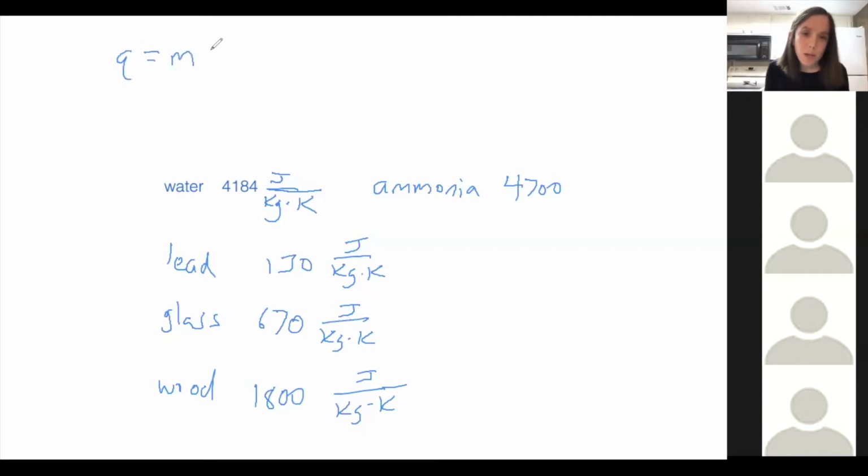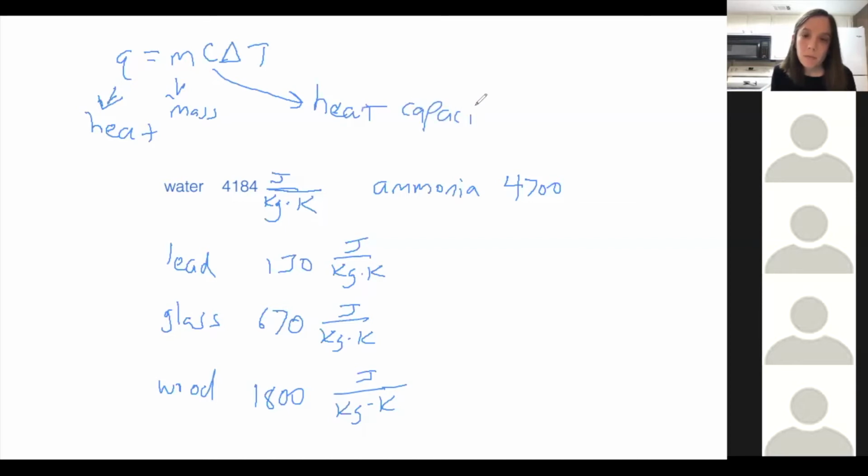Q equals mcΔT, where Q is the heat, m is the mass, c is the heat capacity, and ΔT is the change in temperature.